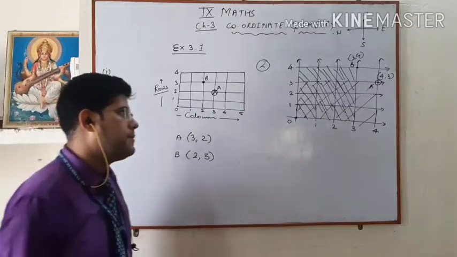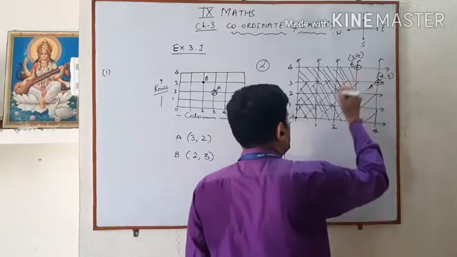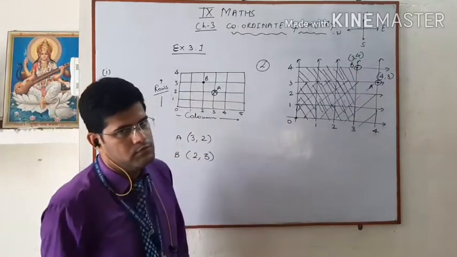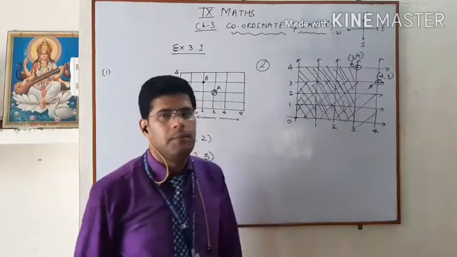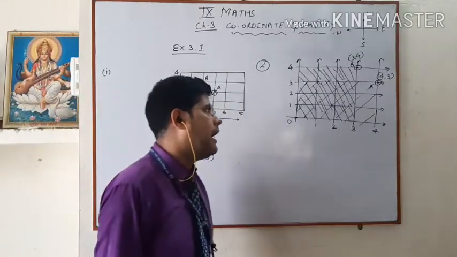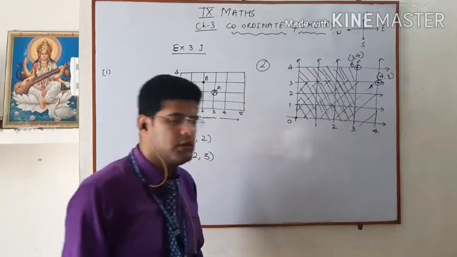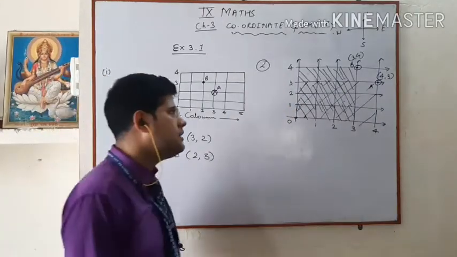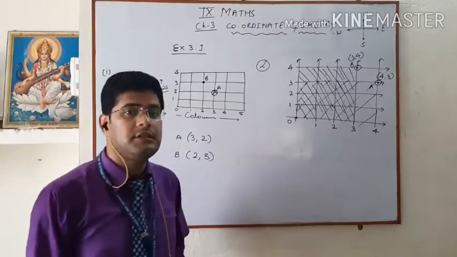But if a question asks whether both positions are the same, no, both positions are not the same. Because in the first position we have 4, 3 and in the second position we have 3, 4. So both locations are not the same, but we have to cover the same distance.